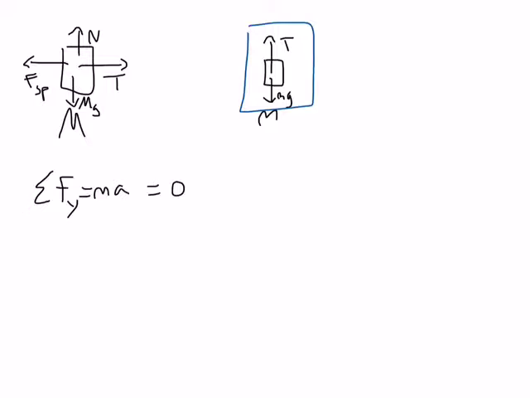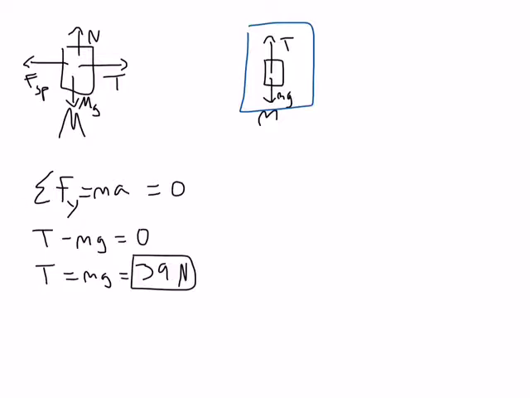So we have a vertical upward force, the tension, and a vertical downward force, little mg, and that has to equal 0. So this tells us that the tension equals mg, which is 4 kilograms times 9.8 meters per second squared, or 39 newtons, right?